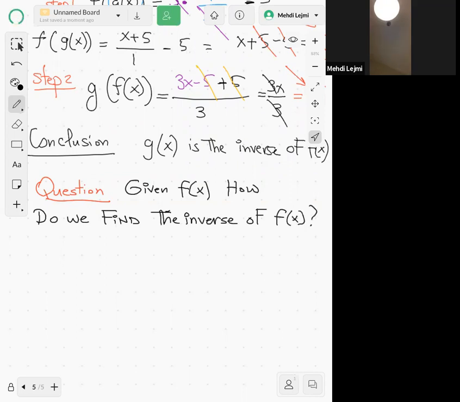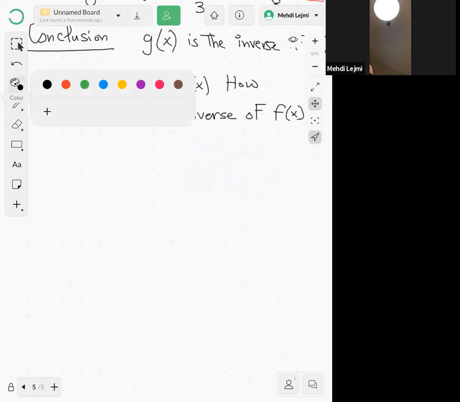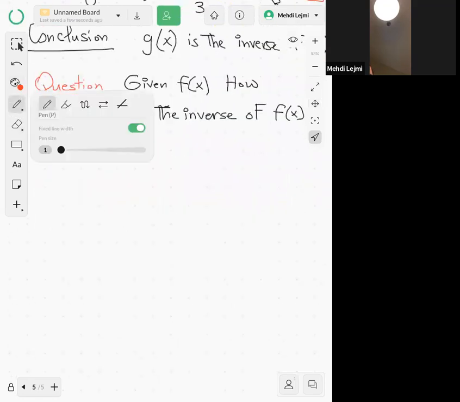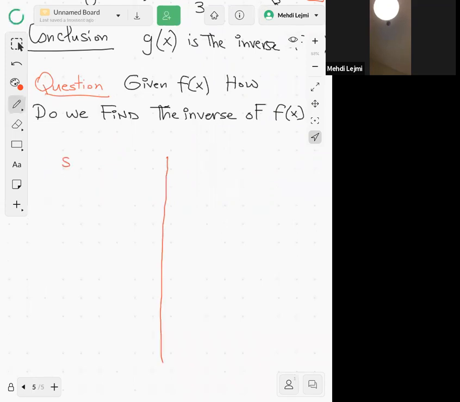Okay. I'm going to show you with an example how we find the inverse. I'm going to make a table with the example and the steps. Here are the steps, and here's my example.